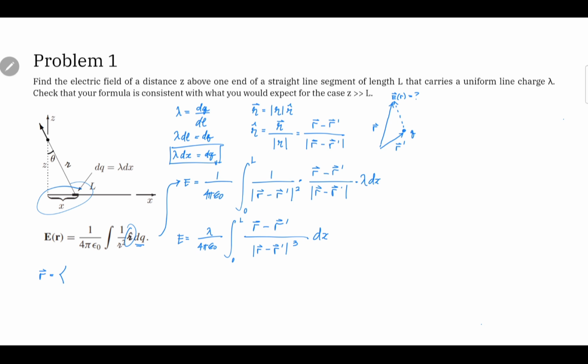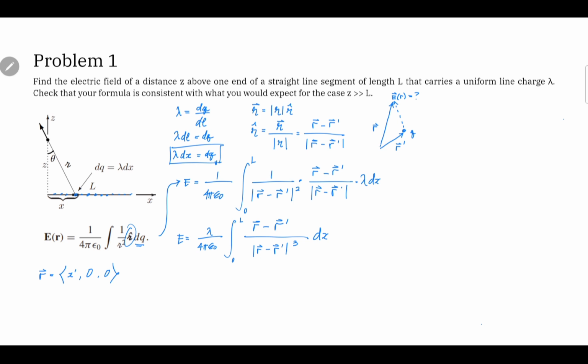You can write it as x prime, because we're going to use prime if we're going to define distances from our origin to our source charge. So x prime, 0, and 0. Why are y and z 0? Because your line charges just lie on the x-axis. Just imagine there are a lot of little small charges here, lying on your x-axis.